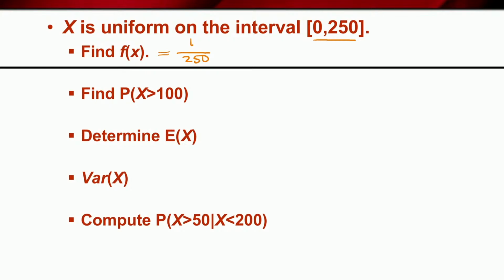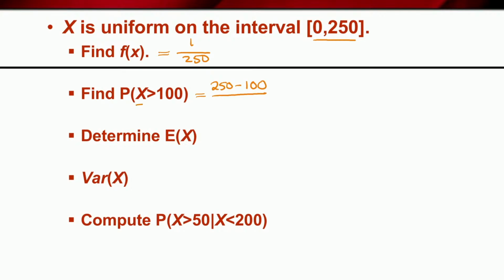Rachel, what about the probability that x is greater than 100? Ooh, very good. So I'm going to write it out just so that everyone can see how you got that. The length of the interval that you're interested in is 100 to 250.